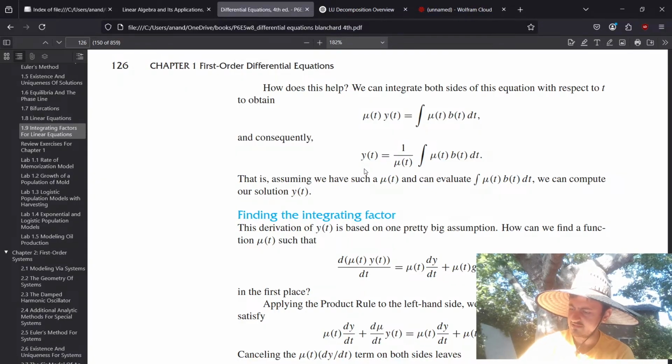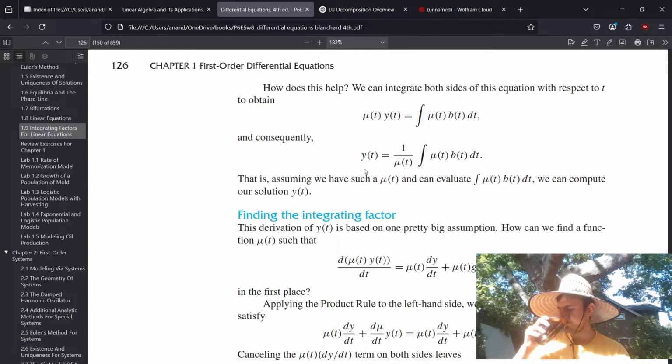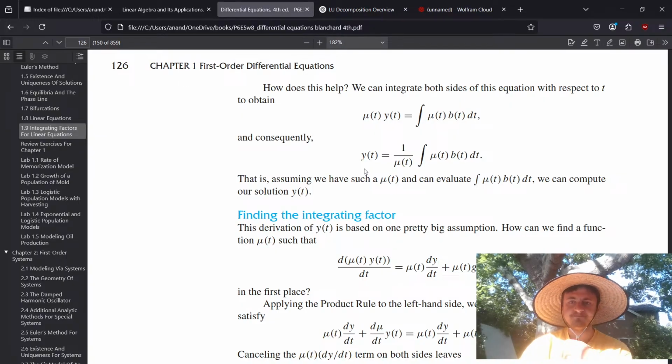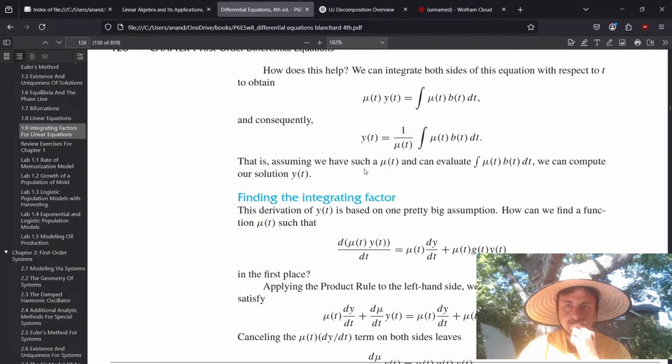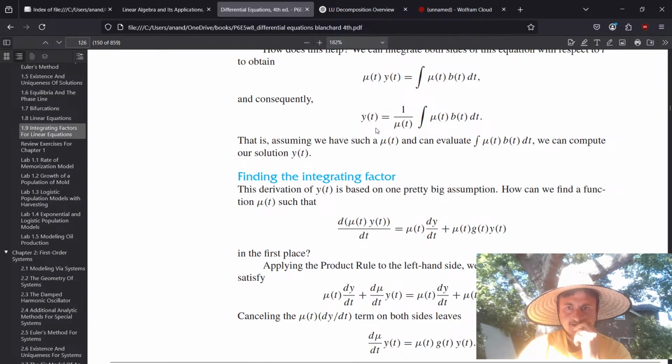So this is the solution. Now that does assume that we can integrate this product.